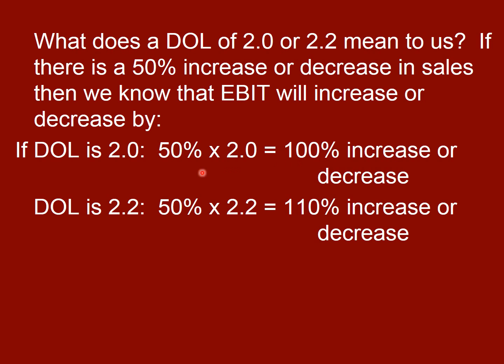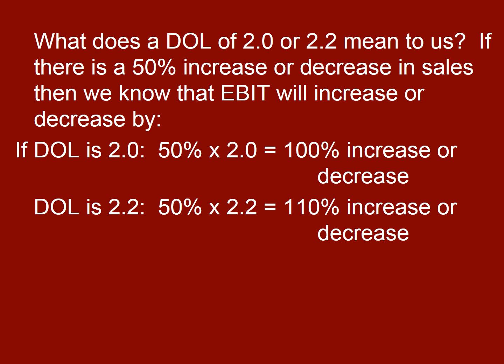And it depends, if this is an increase, then this will also be an increase. If our change in sales is a decrease, then our EBIT will also be a decrease. If our DOL is 2.2, then we're going to have an even larger change. A 50% change in sales will cause a 110% change in EBIT. So that's the way we interpret the degree of operating leverage.